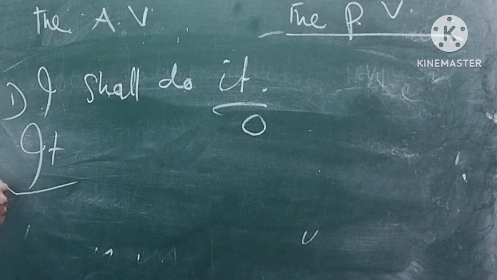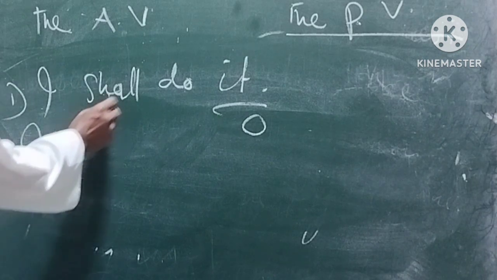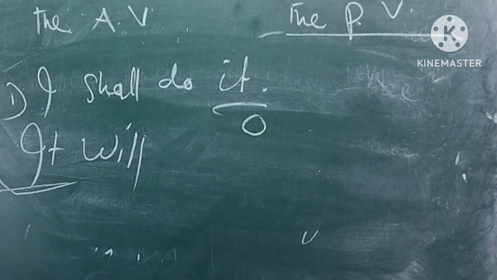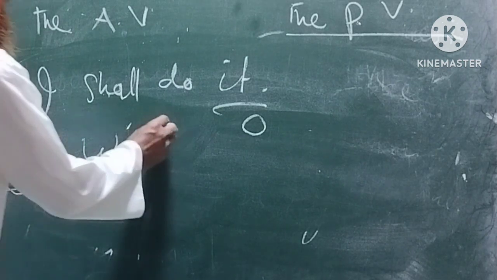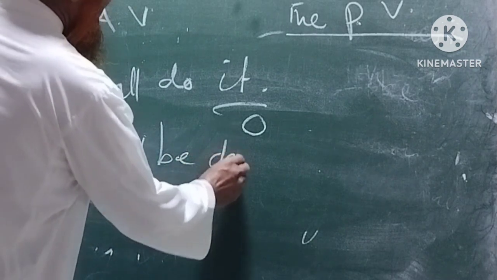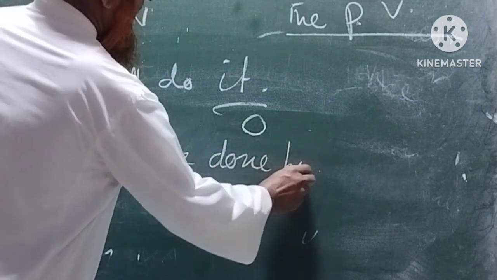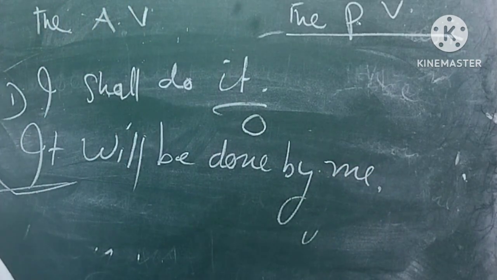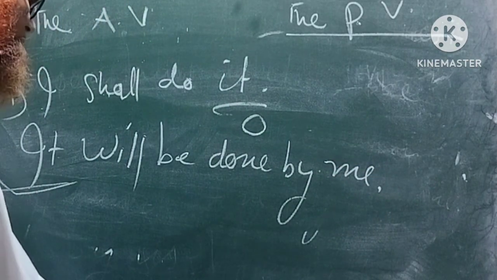That is why with third person singular number, in place of shall, will will come. It will be done by me.